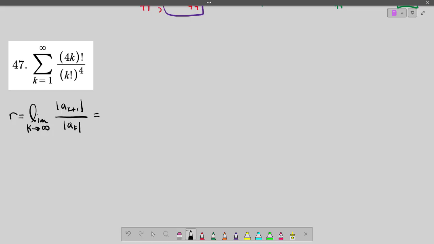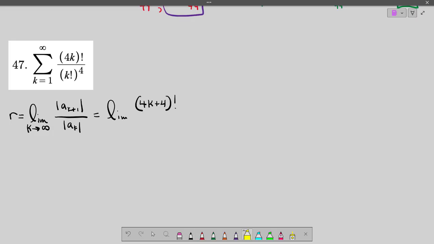So we have to be a little bit careful here with our factorials. 4k quantity factorial, to find a sub k plus 1, we need to replace that k with a k plus 1. If we replace this k with a k plus 1, we will end up with 4k plus 4 factorial.